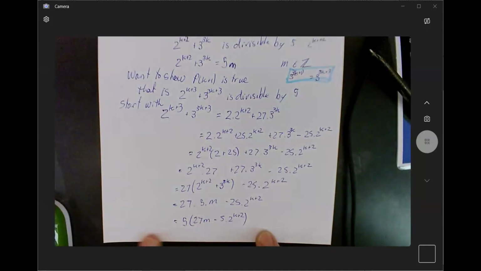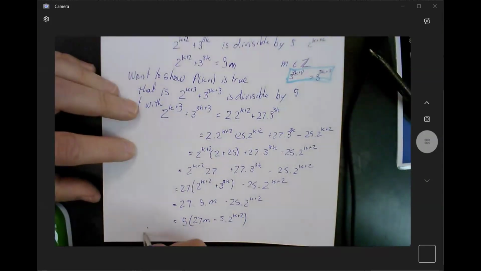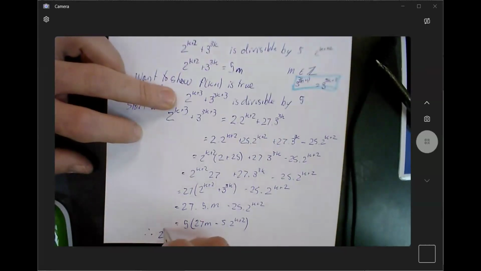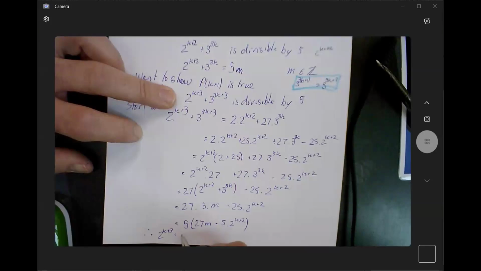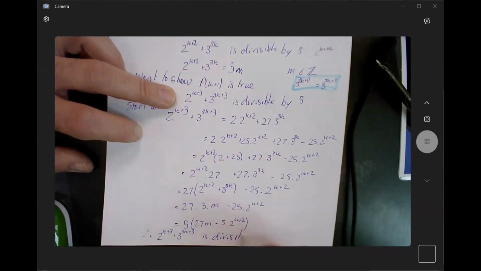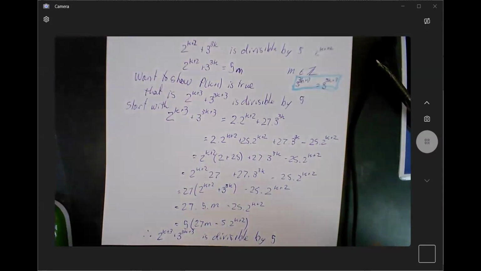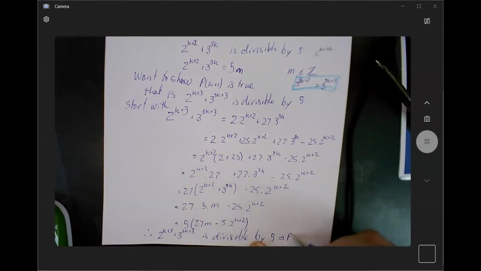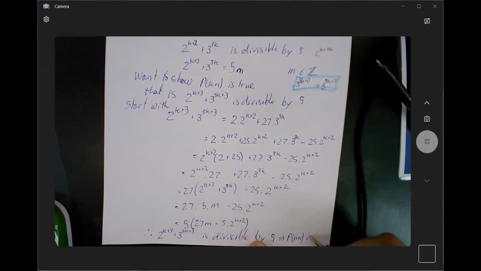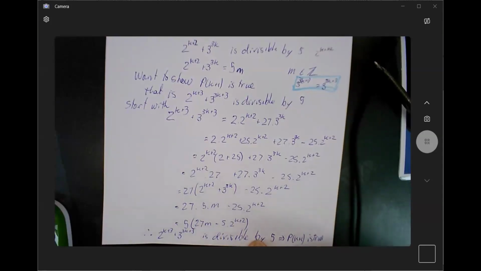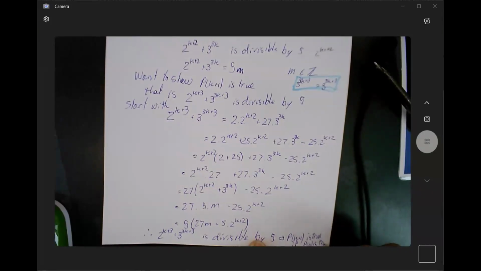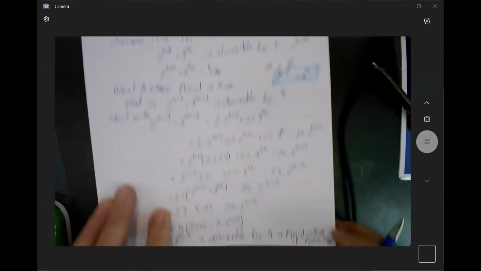But I've got this, and so I can then go, hang on, therefore the thing I started with, 2 to the K plus 3 plus 3 to the 3K plus 3, is divisible by 5. That's saying P of K plus 1 is true if PK is true.